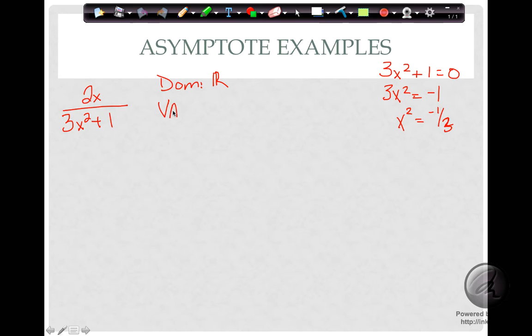And if the domain is all real numbers, there are no vertical asymptotes. But what about horizontals? This is 2x to the first power over 3x squared. The denominator has a higher degree than the numerator, and therefore it's y equals 0.